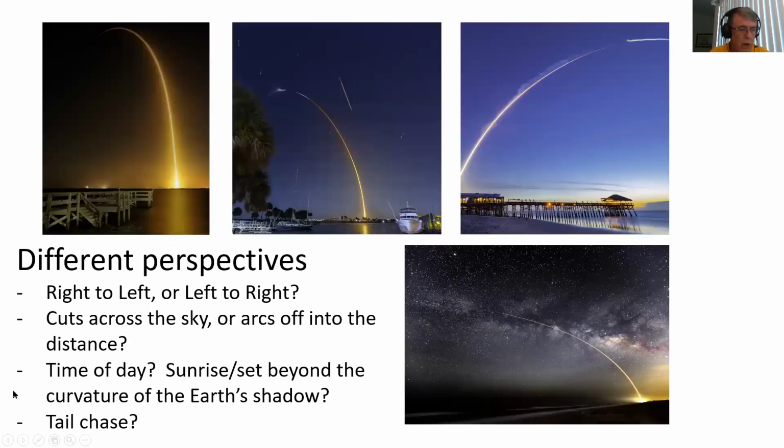Okay, different perspectives. This is one of the things I want to make sure everybody understands. You have obviously shooting and catching the streak right to left or left to right. Are you going to want to catch it cutting across the sky or arcing off into the distance? Believe it or not, time of day has an effect.